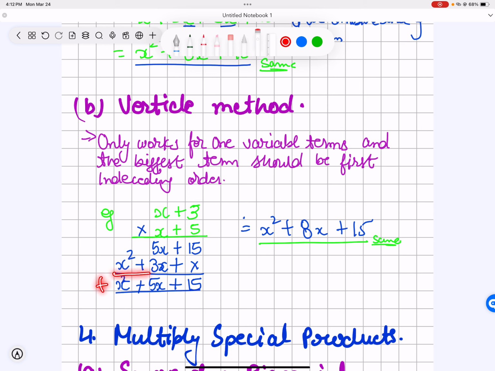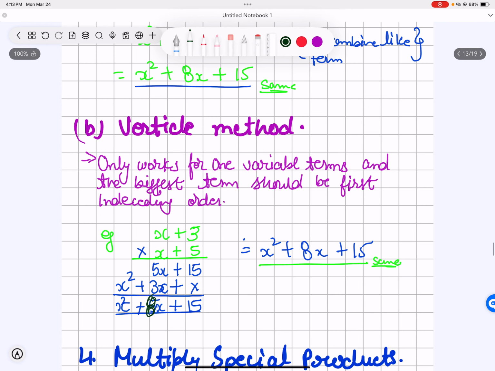Now we add the whole thing. 15 comes as it is, plus sign as it is, and then 5x plus 3x is equal to 8x, and then plus x squared.